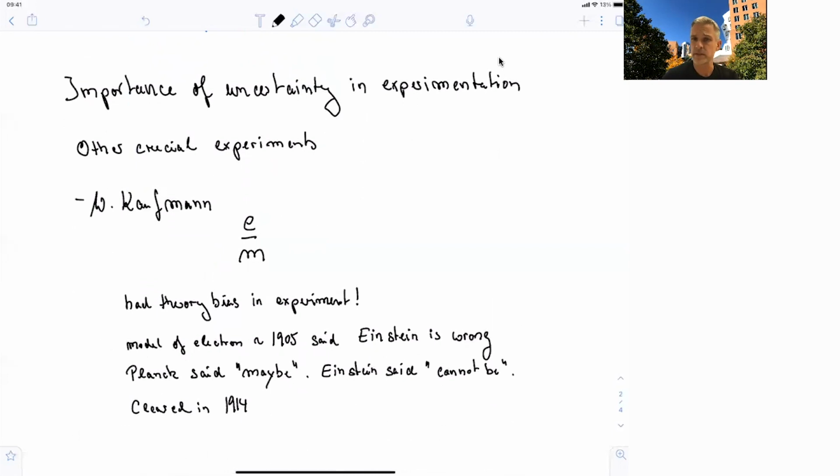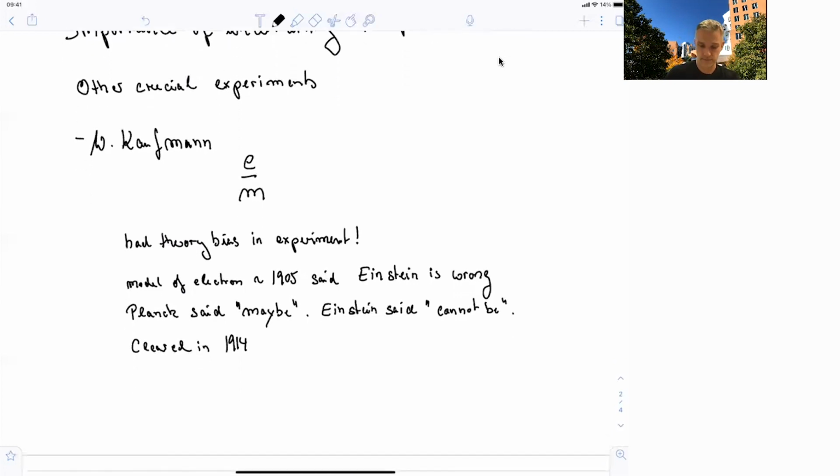And his experiments were inconsistent with Einstein. So he said Einstein and Lorentz are wrong. Planck looked at this and said, maybe, but Einstein's conclusion immediately was that this cannot be. And it took a little bit of time to clear up those experiments till 1914.